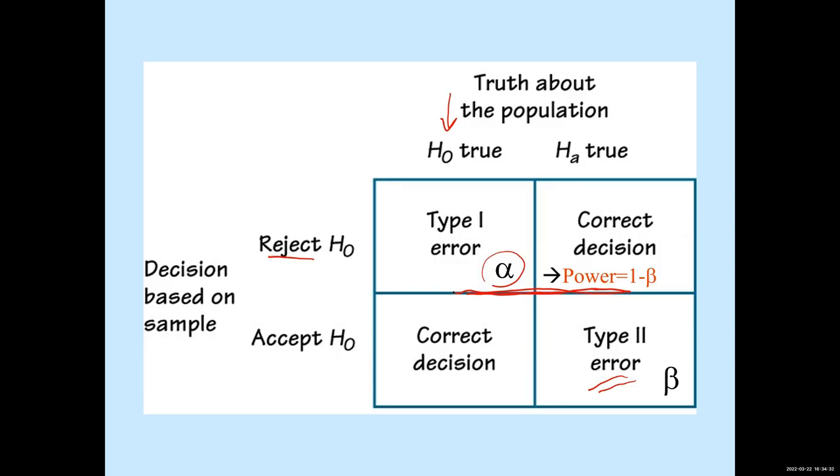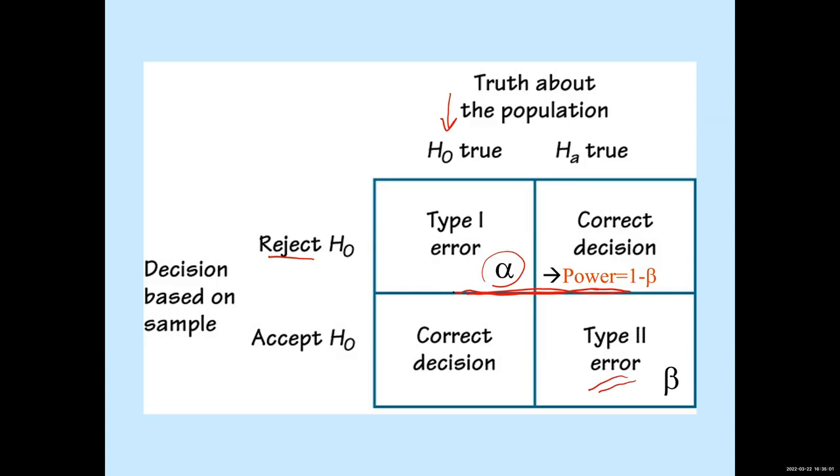Whether these kinds of errors are really important or not depends on the context. So let's talk about two examples. In the health industry, typically we do all kinds of tests to see if we have certain diseases or conditions, if we're pregnant, if we have COVID, all these types of tests. The null hypothesis for all those tests is going to be that we don't have the disease, right?